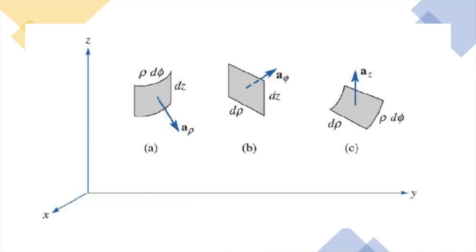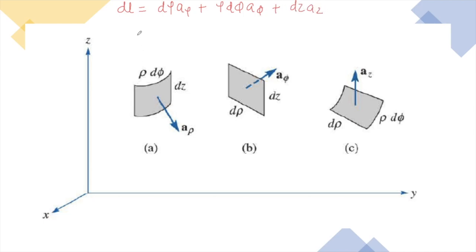For a rho, the magnitude will be rho d phi into dz, and that is what we have written in the case of displacement. So I am just telling you that if we know the value of dl, we can very easily write the value of the differential surface ds. This is what we wrote for the displacement: d rho a rho plus rho d phi a phi plus dz az.